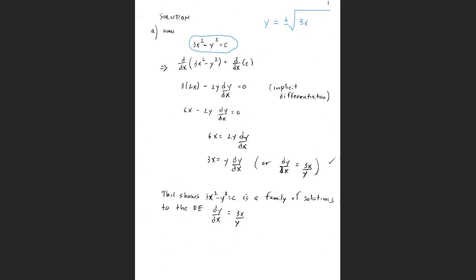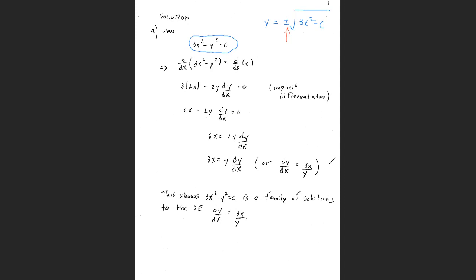Okay, and so to show that this is a solution, we'd have to do two proofs because we got a plus and a minus. So it's easier just to use implicit differentiation.